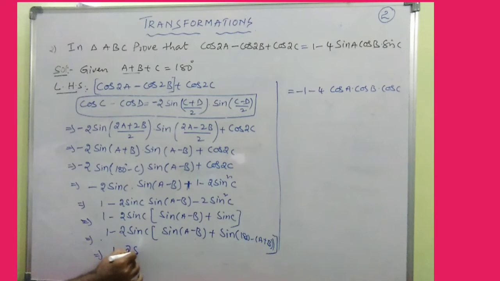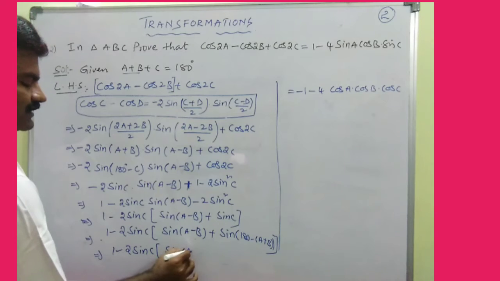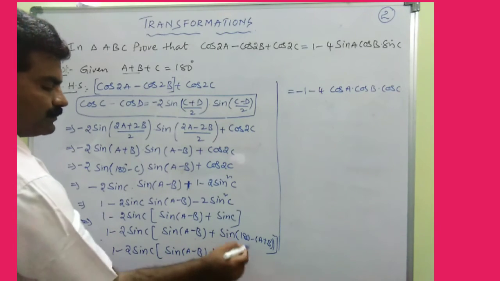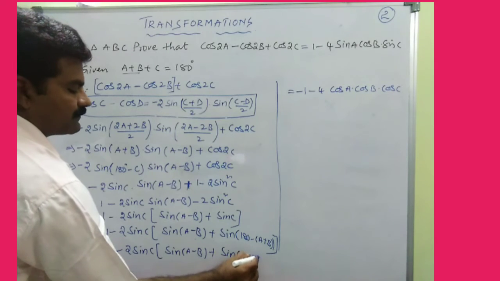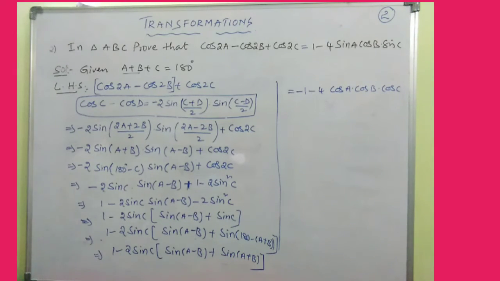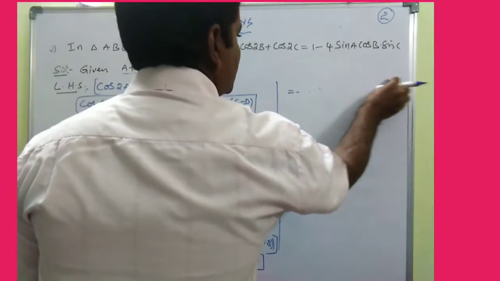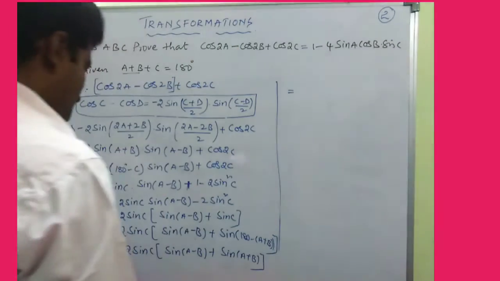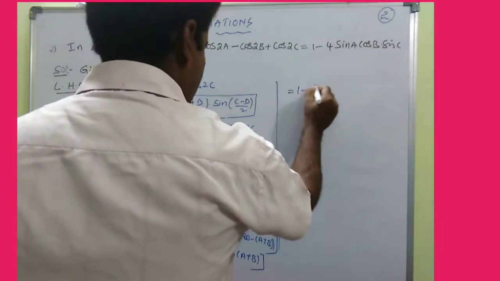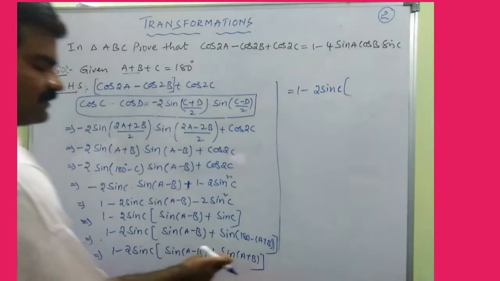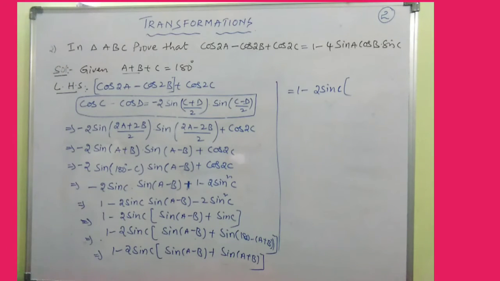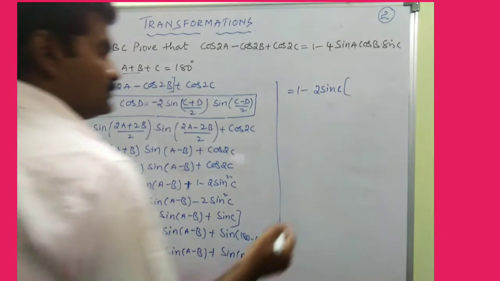So 1 minus 2 sine C into sine of (A minus B) plus sine of (A plus B). Okay, so what is the formula for this? 1 minus, we have already 2 sine C into sine of (A plus B) plus sine of (A minus B).